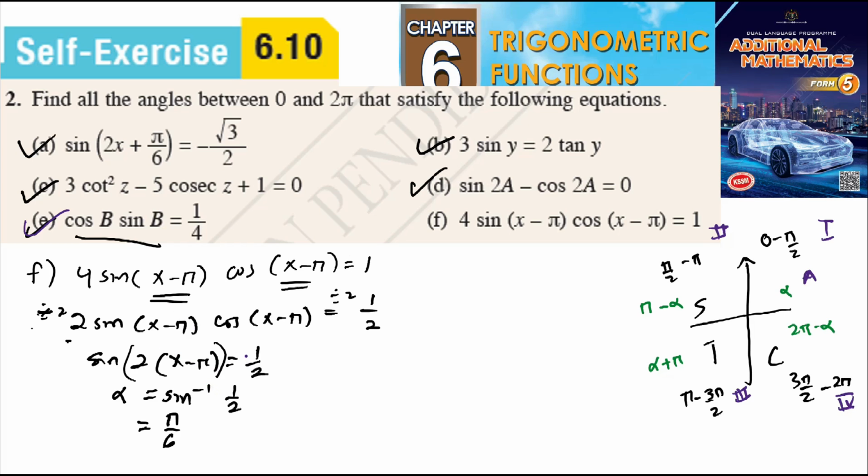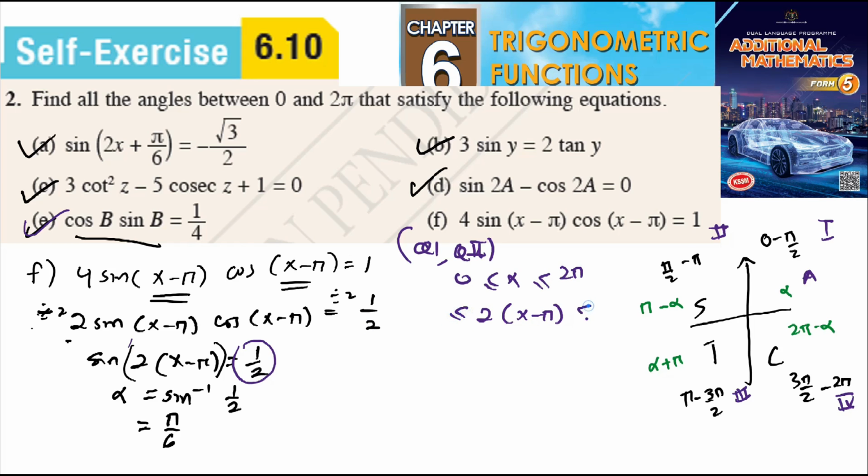So you see here, this one is a sine. This angle is a positive value. So we see that sine is positive in the first quadrant and second quadrant, right? And you see here, this is the range. So we know that when we are talking about x, it's between 0 and 2 pi. So now we are talking about 2x minus pi.